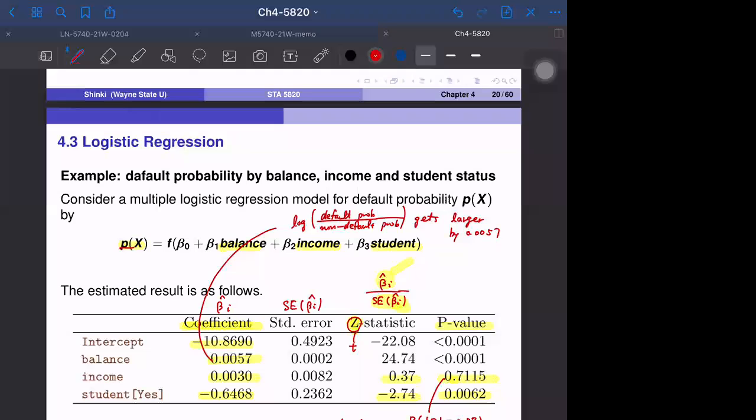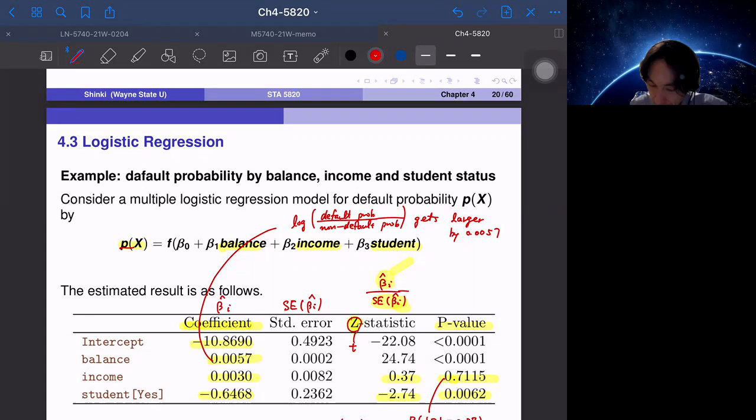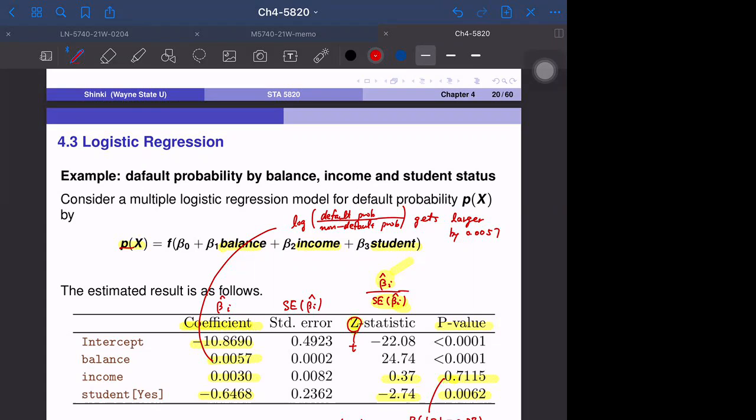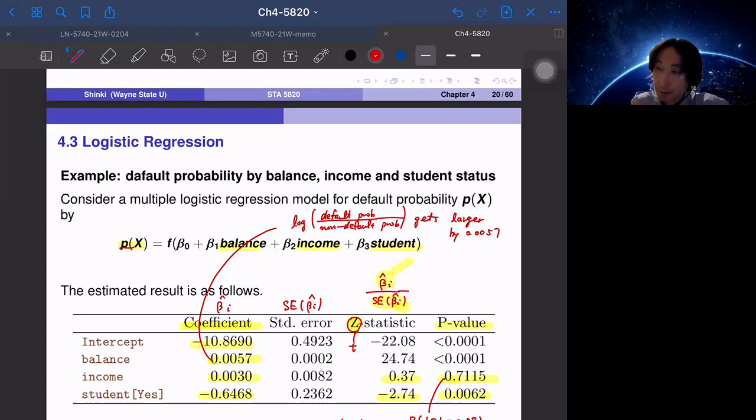Okay, but how can we interpret these results by percent? Can we use, for example, marginal effects or odds ratio for that, or no? So if we think about a general case, this log odds ratio is the only way to interpret it. If you would like to have the probability increase, then you have to set a standard scenario.